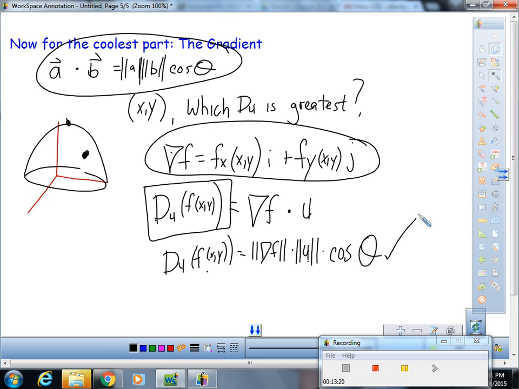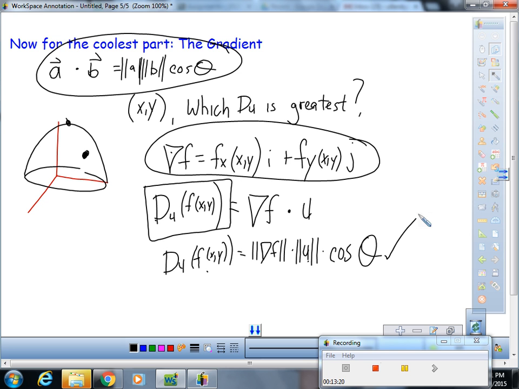And if you think about a heat-seeking missile, that's exactly what it's doing. It's constantly changing its path in order to find the hottest instantaneous next point.